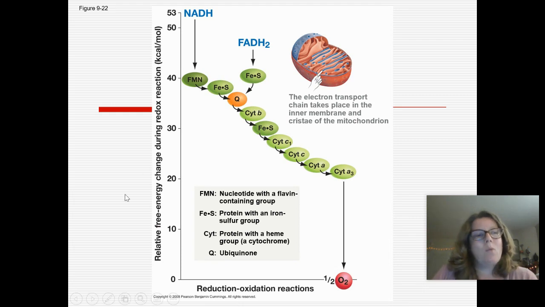But that's not really the background, because remember, at the same time that these electrons are being stripped from our electron carriers, remember those electrons were attached to hydrogen, right?